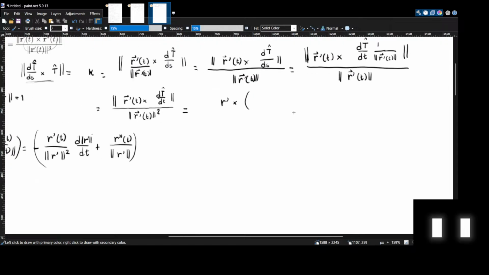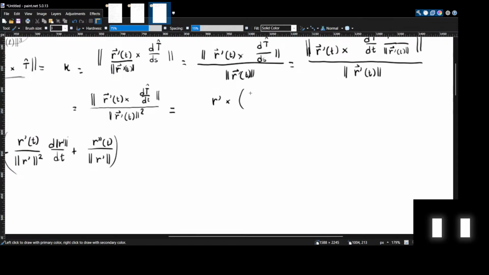Basically, we're going to have d by dt of that, and then r prime over r prime squared. And then you add that with r double prime divided by absolute r prime.